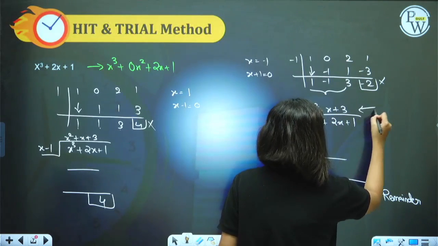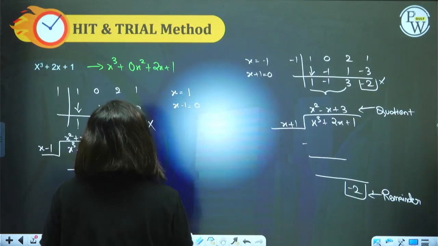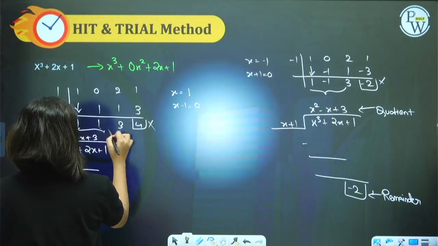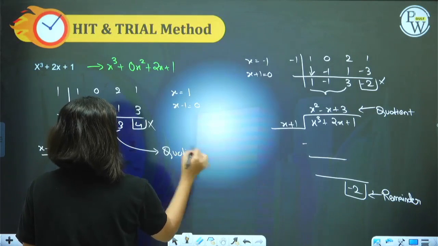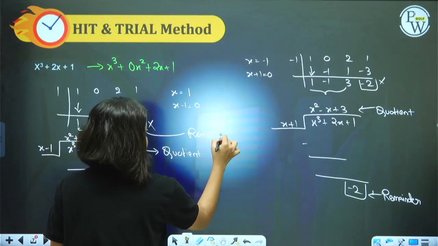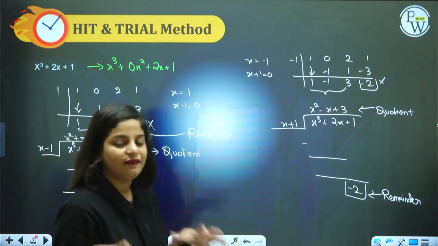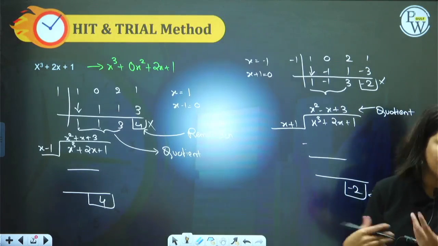So in a question, when you solve it by synthetic division, this thing is your quotient and this thing becomes the remainder. Remainder 0 means it is completely factorizing. Remainder non-zero means it's not dividing, not able to factorize.